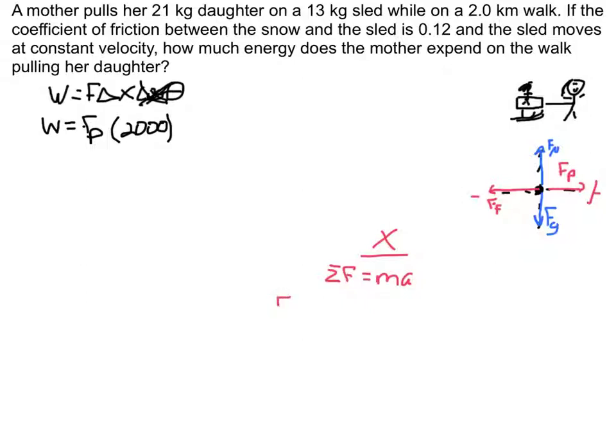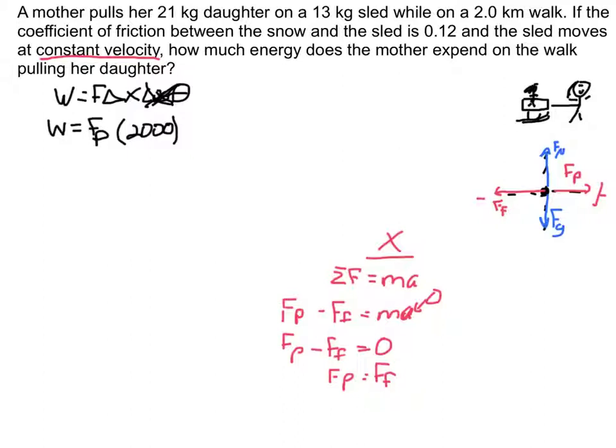So this is going to be Fp minus Ff equals ma, but I know a here is 0 because we're moving at constant velocity. So that's going to leave me Fp minus Ff equals a goose egg. So Fp must equal whatever the force of friction is.